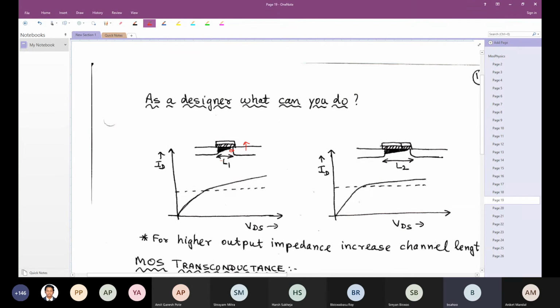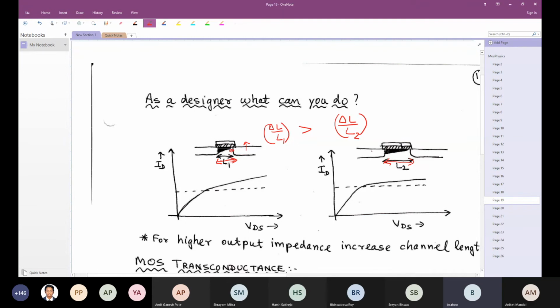If I have a longer channel versus a shorter channel, then delta L by L here is smaller than delta L by L over there, because delta L is the same, so here it is delta L by L1, and there delta L by L2.